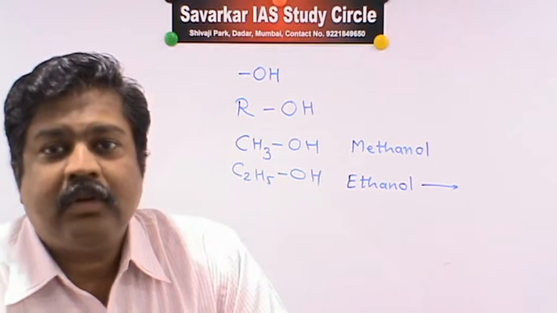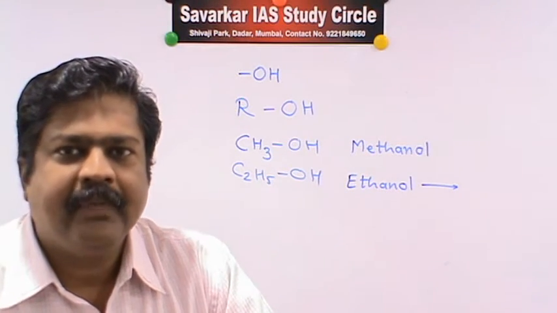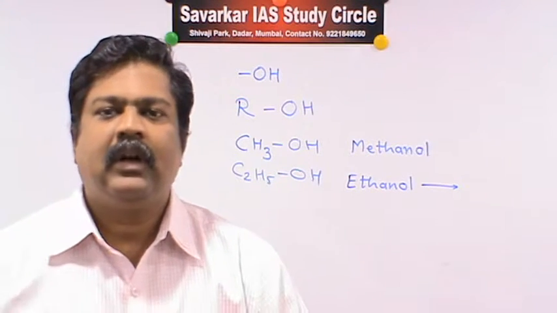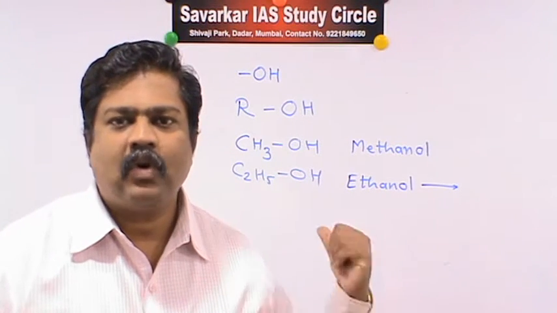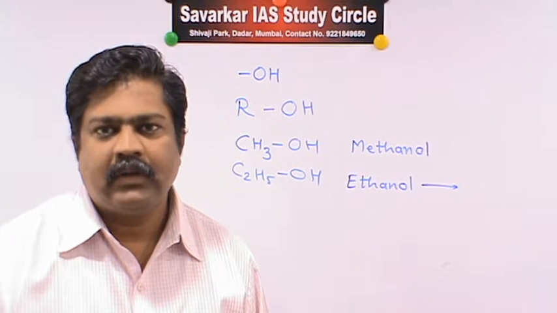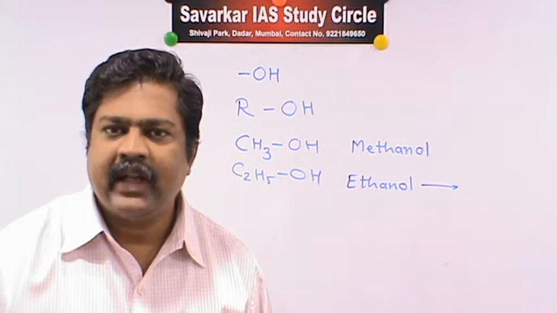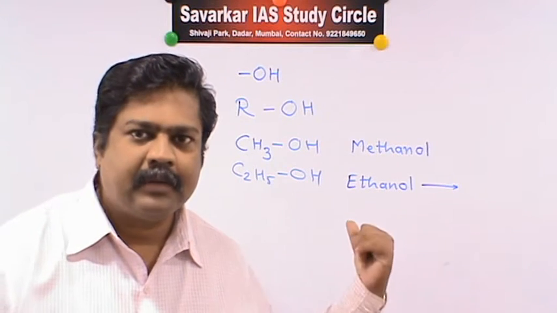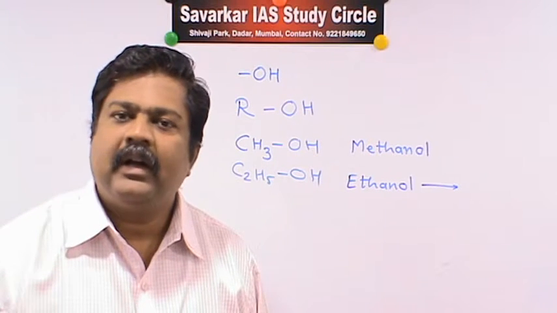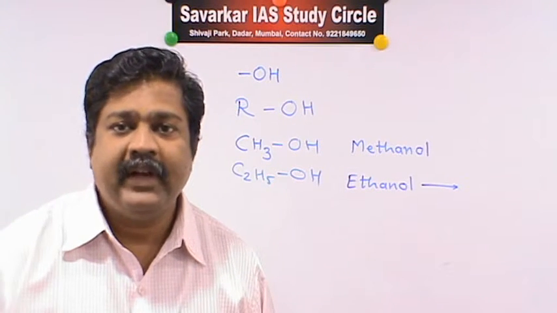Then another important thing: it is a very good solvent, and therefore in organic chemistry various solvents are used. Out of those, the important solvent we use here is ethyl alcohol. Aldehydes and other such chemicals are also made using ethyl alcohol. In chemical reactions, it plays a very important role.